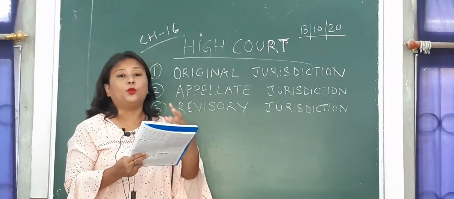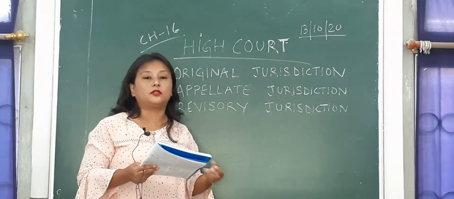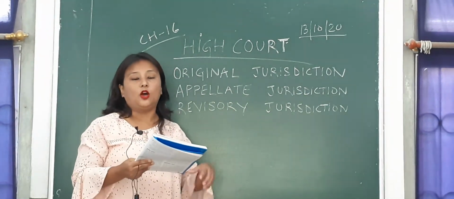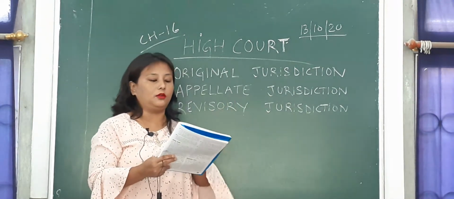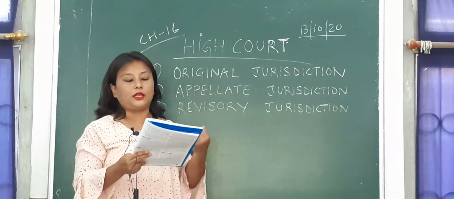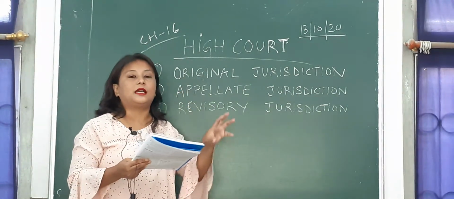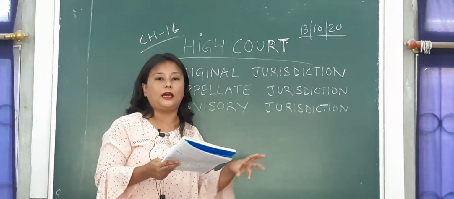Now, which are the cases which the High Court directly deals with? These are cases relating to your divorce, cases relating to your marriage, etc. Such cases are directly taken to the High Court.